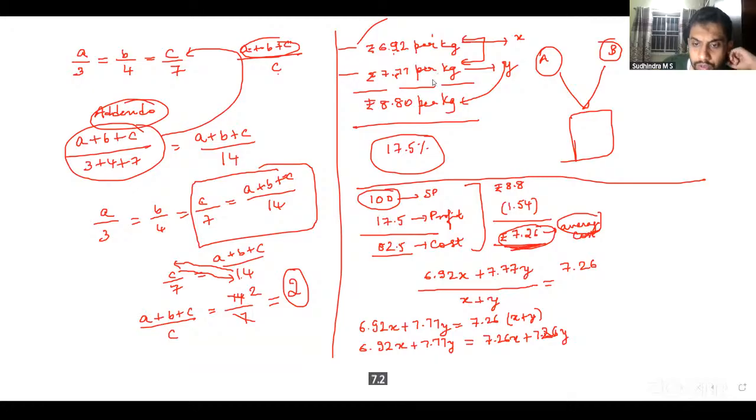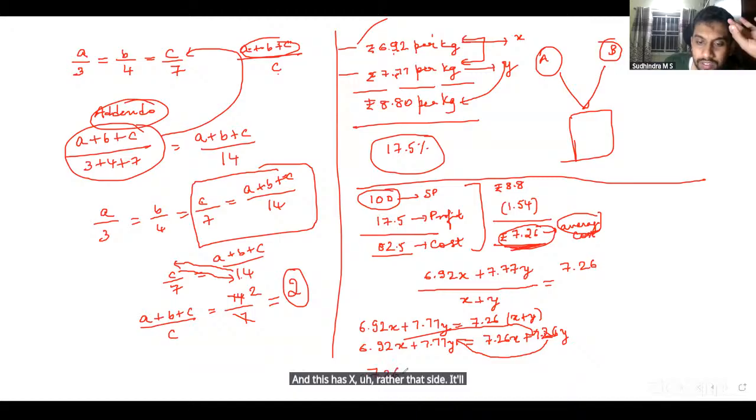I'll bring y and x separately, y on one side and x on the other. It will be 7.26x minus 6.92x is equal to 7.77y minus 7.26y. What is 7.26 minus 6.92?